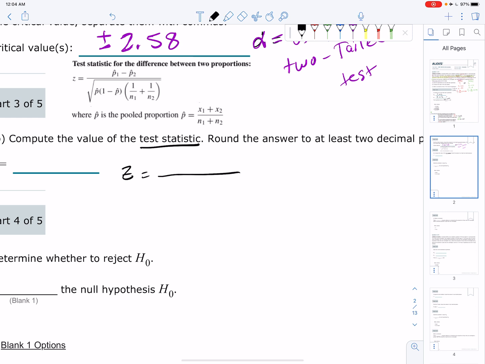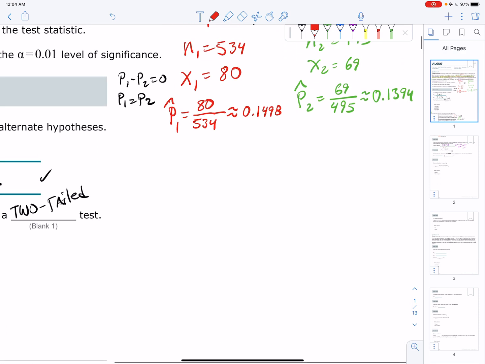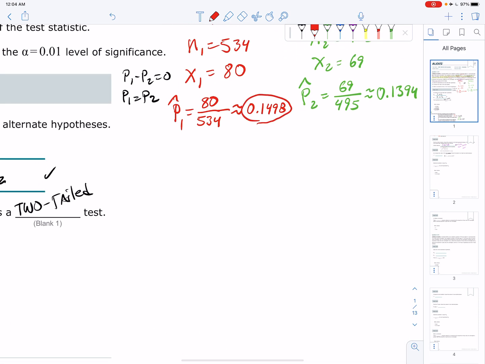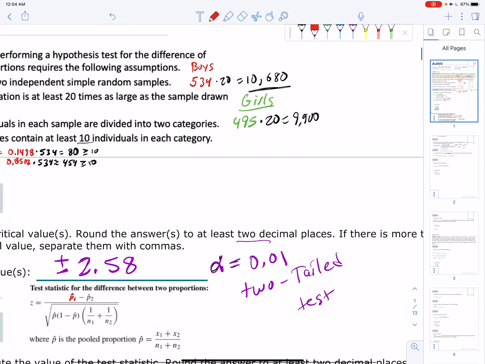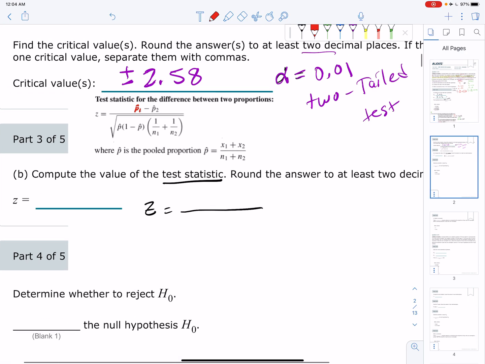So I'm going to have z equals. Now I'm going to try to use some color to kind of highlight this, I think. I need to have my p hat right there for my first proportion. And I do have it. Remember that data that I lined up here? It is right here. So I'm going to copy that down right here.